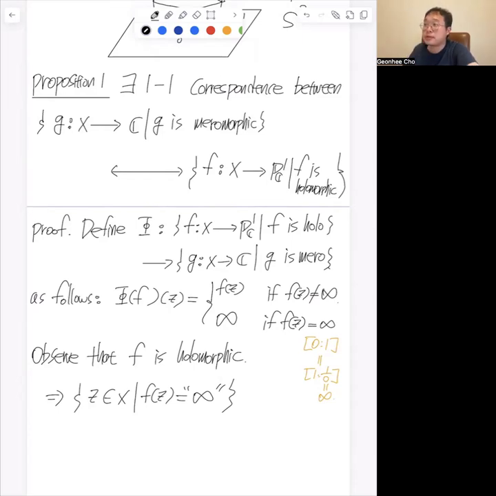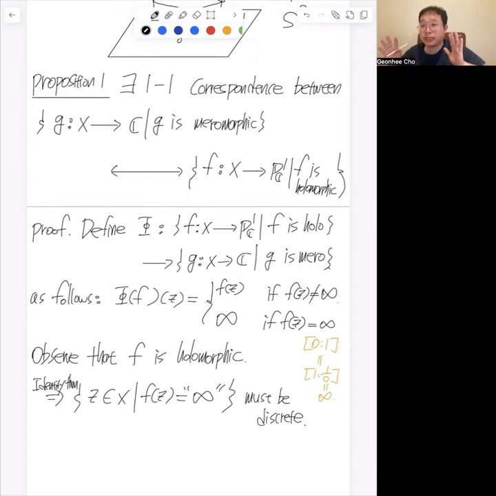So this must be discrete. The argument must be the following: the identity theorem tells us that all points that map to infinity should be isolated. That's what the identity theorem tells us.